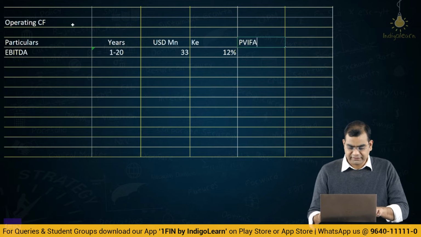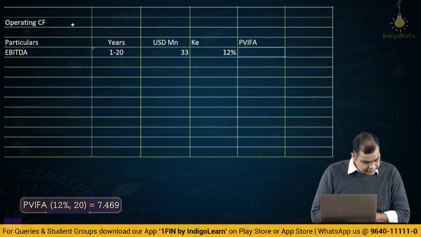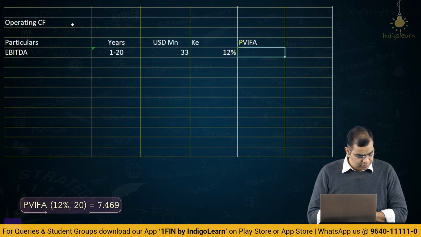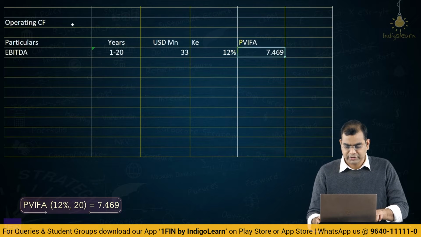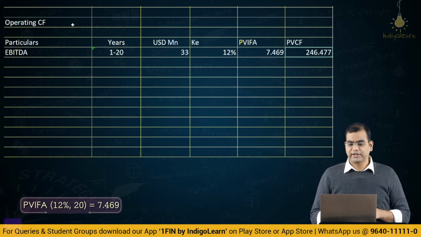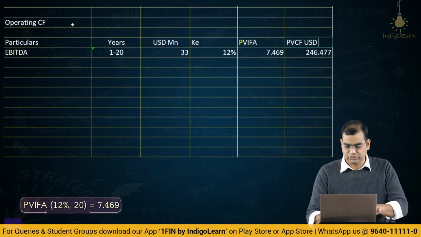They have given the PVIFA for years 1 to 20 cumulative as 7.469. So, the present value of cash flow for all these periods is 33 into 7.469, which gives 246.477. I will put this as USD million so that there is no doubt.